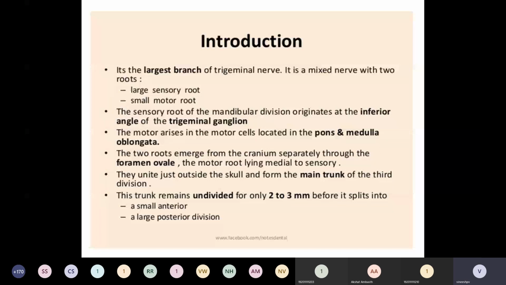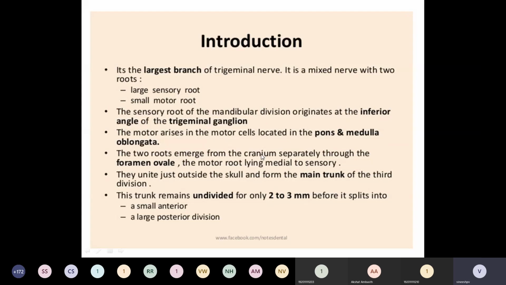It consists of a large sensory root and a small motor root. The sensory root of this mandibular division originates from the trigeminal ganglion, and the motor root arises from the medulla oblongata and pons. These two roots emerge from the cranium separately.